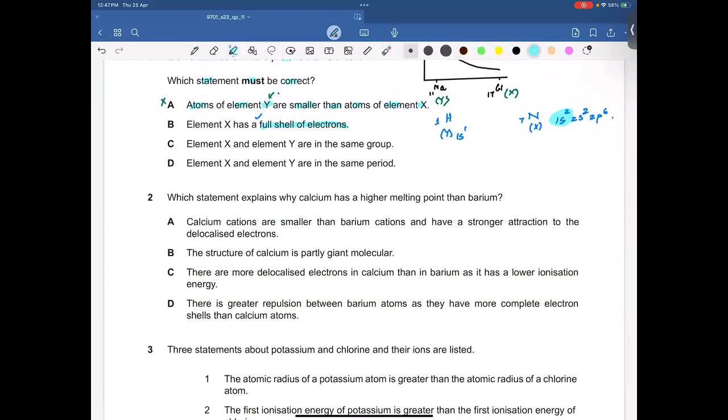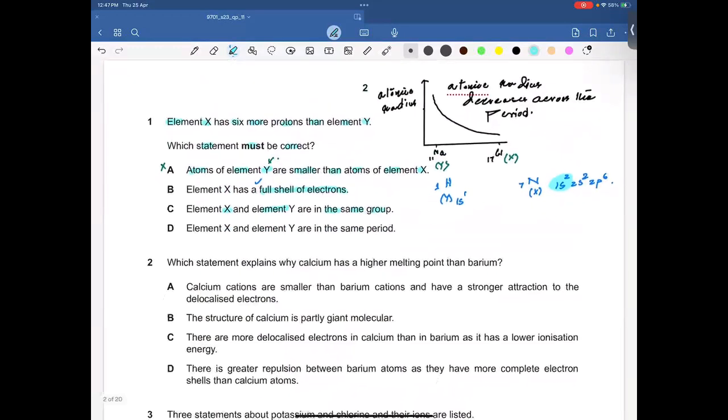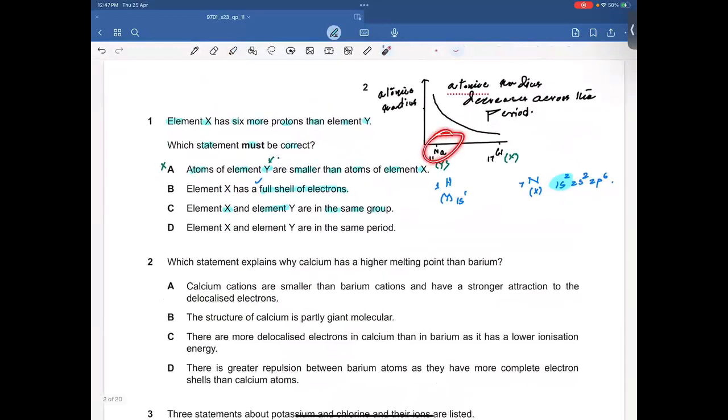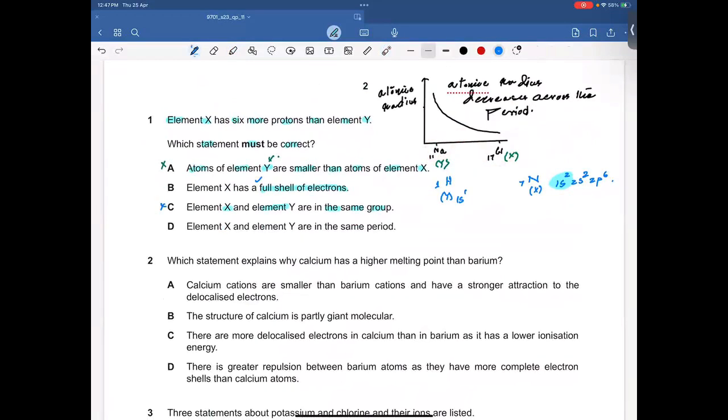Element X and element Y are in the same group, not necessarily. Like sodium belongs to group 1 and chlorine belongs to group 17. So absolutely incorrect. Next is element X and element Y are in the same period. Not necessarily, because if you compare nitrogen and aluminum, let's suppose aluminum is X, nitrogen is Y. Nitrogen has an atomic number of 7.